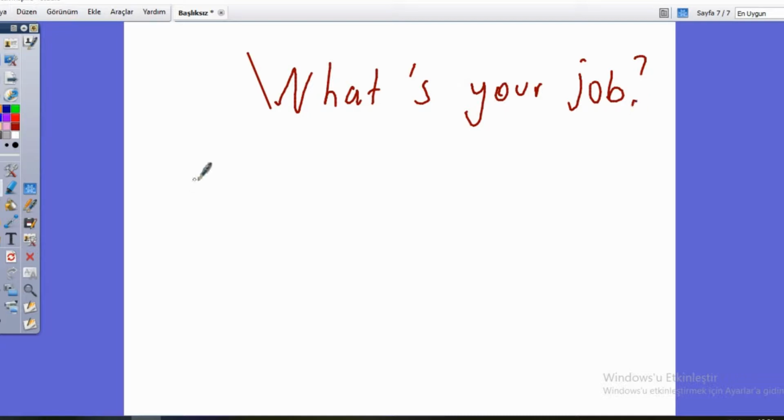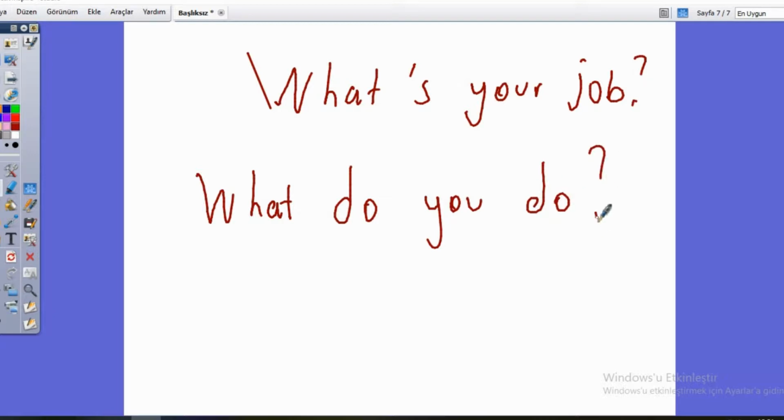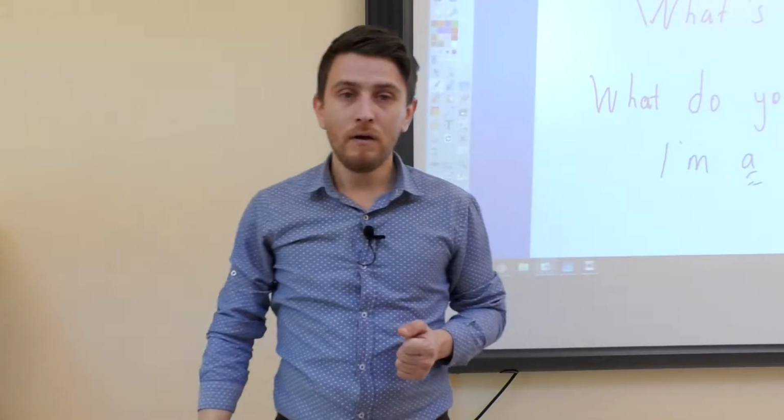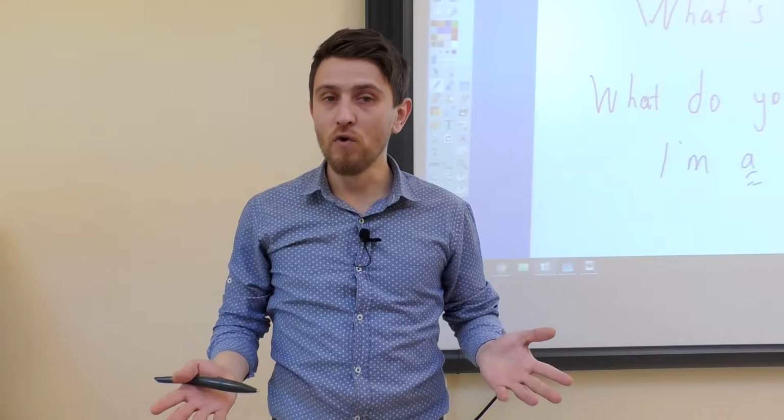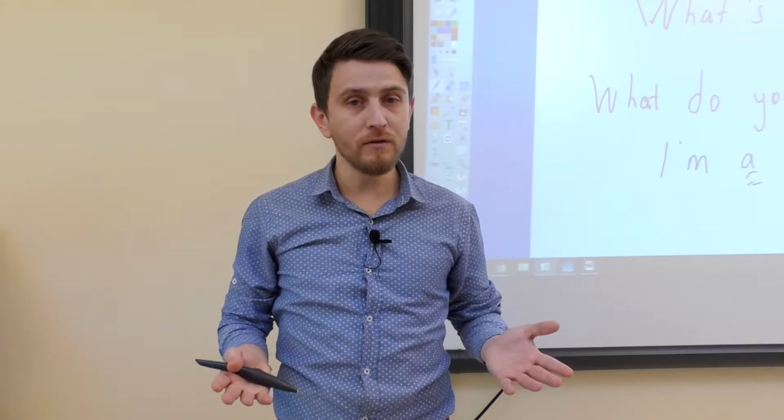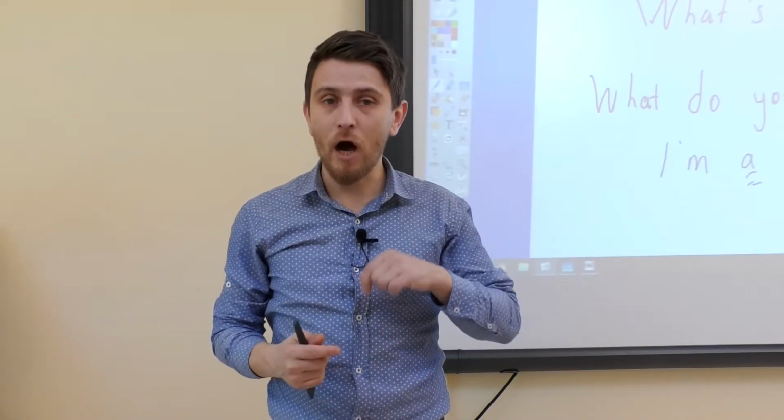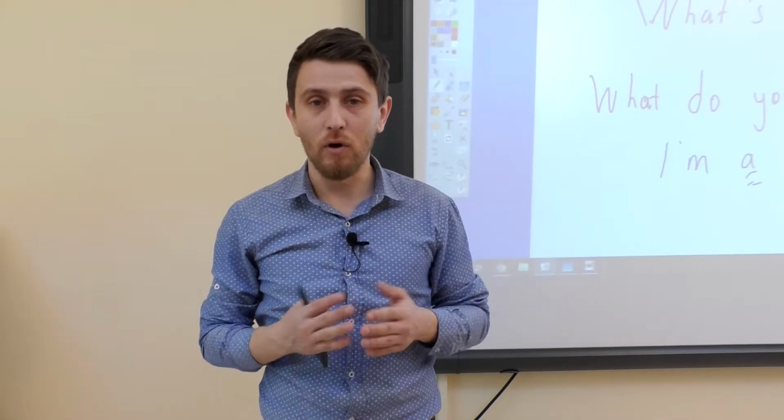Number two, what do you do? What do you do? I'm a teacher. My cousin, now he doesn't work. He is not a student. So right now he is unemployed.